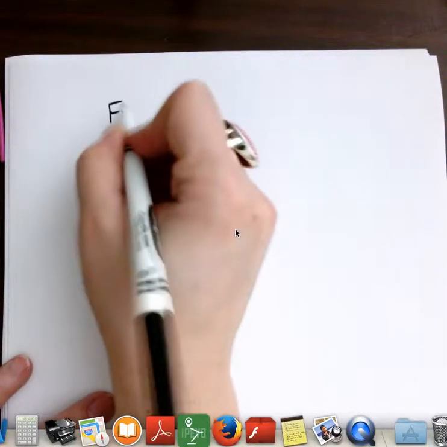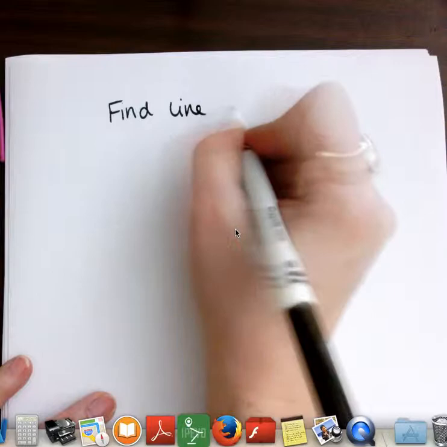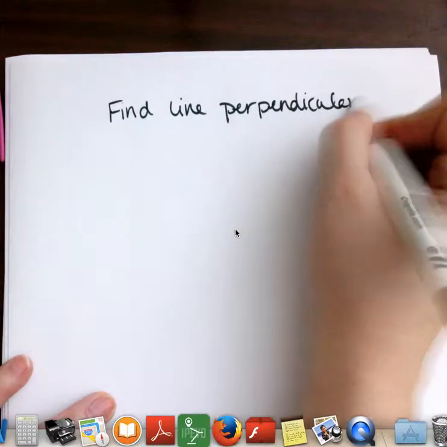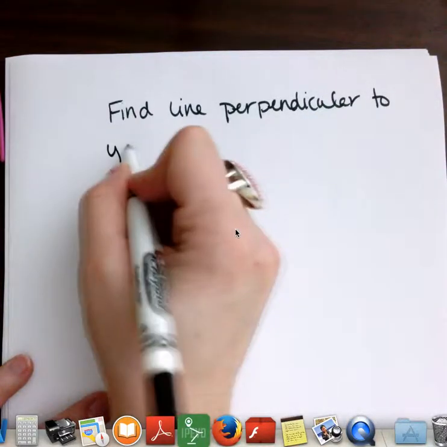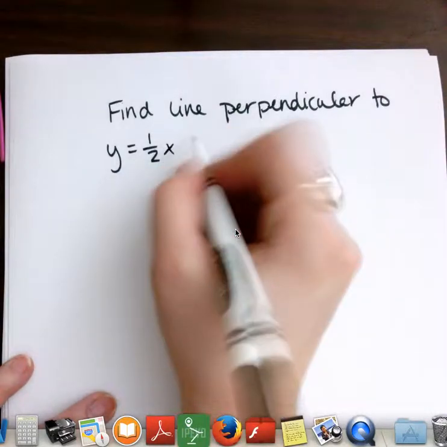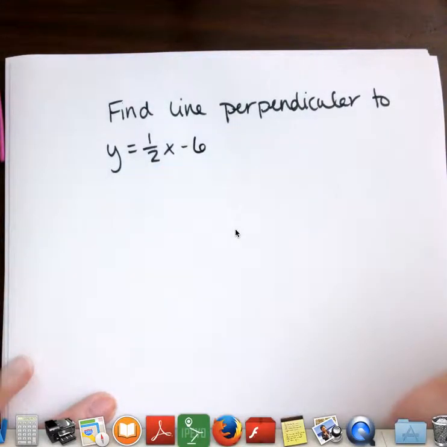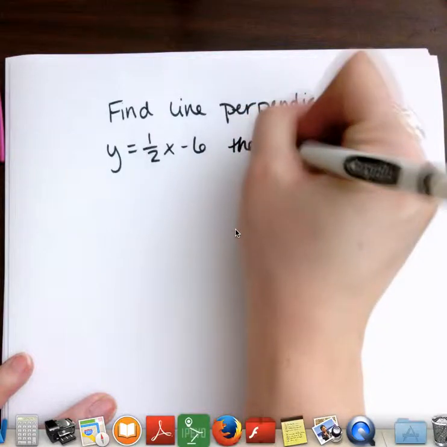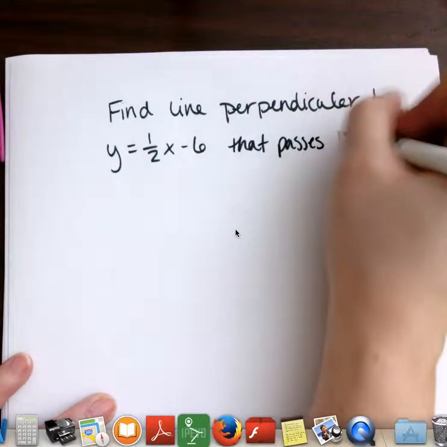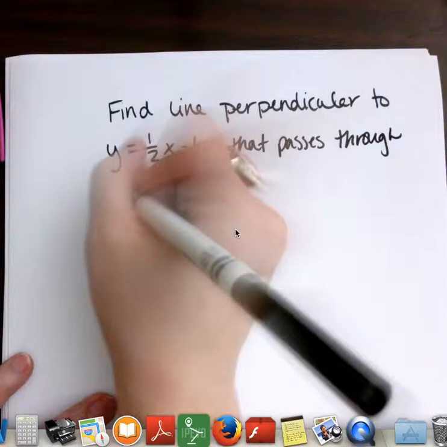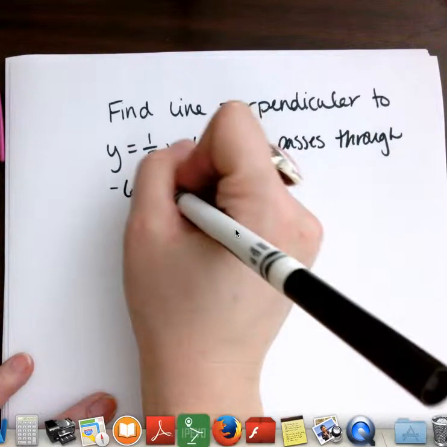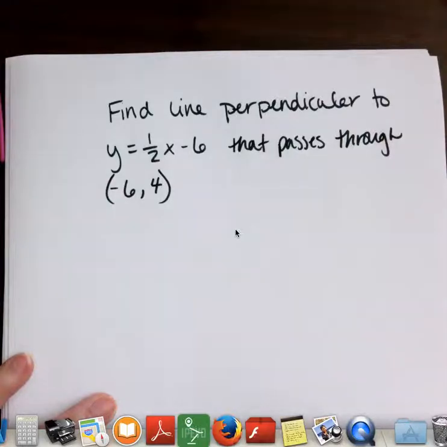So if I have perpendicular lines, I need to find the line perpendicular to this line that passes through (-6, 4). Okay.